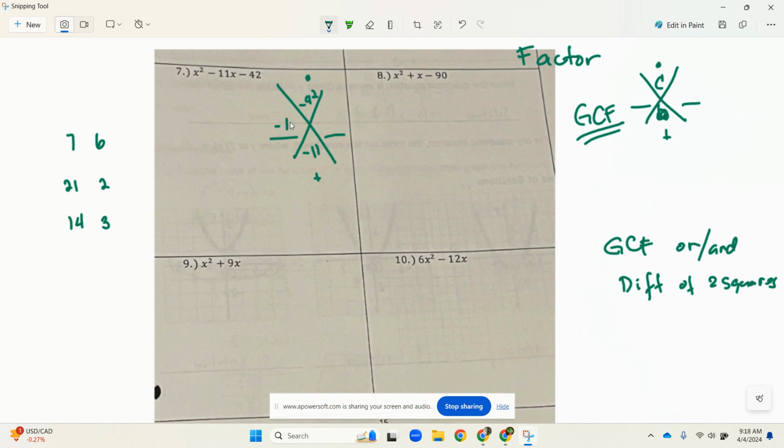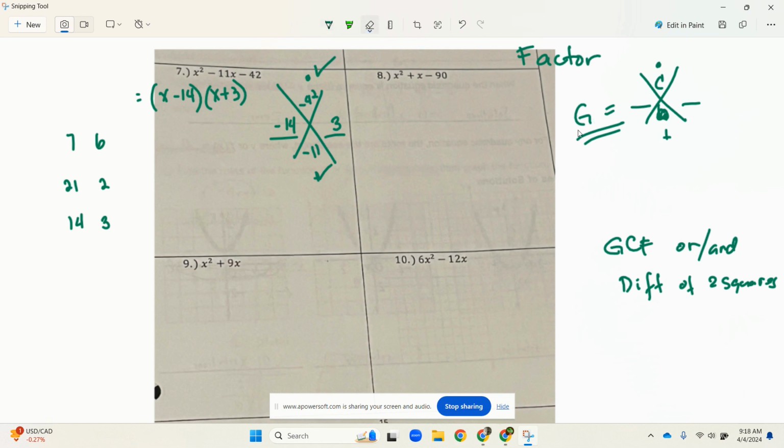So we're going to have negative 14 here and then 3 here. Negative 14 times 3 is negative 42. Check. Negative 14 plus 3 is negative 11. Check. Okay, so therefore your factors here are x minus 14 and x plus 3. Okay, we're good with that.